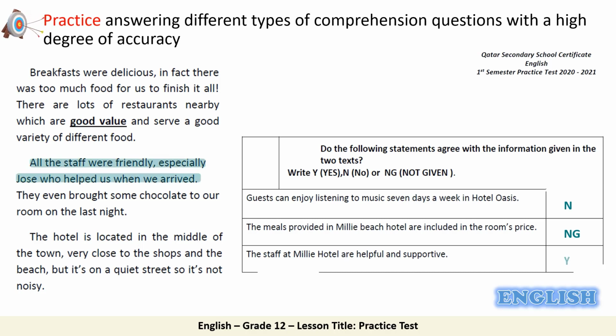Yes, this statement agrees with the information given in the text. So we should write yes. And you see that here the justification has been highlighted, and it says that all the staff were friendly, and also one of them helped us when we arrived. So this agrees with the use of helpful and supportive in the statement.